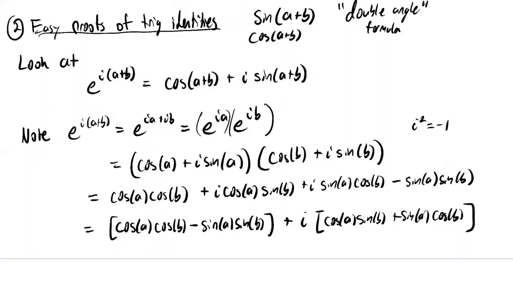Well, this is all equal to e to the i times a plus b. I just evaluated it in a different way. And so we've shown that in fact cosine of a plus b plus i sine of a plus b is equal to this term, right? So this is equal to e to the i a plus b.